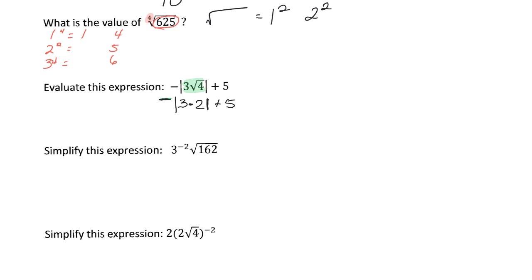Then again, we do what's inside, so 3 times 2 is 6. So we have the opposite of 6 plus 5. So now we really have -6 plus 5, which is -1.